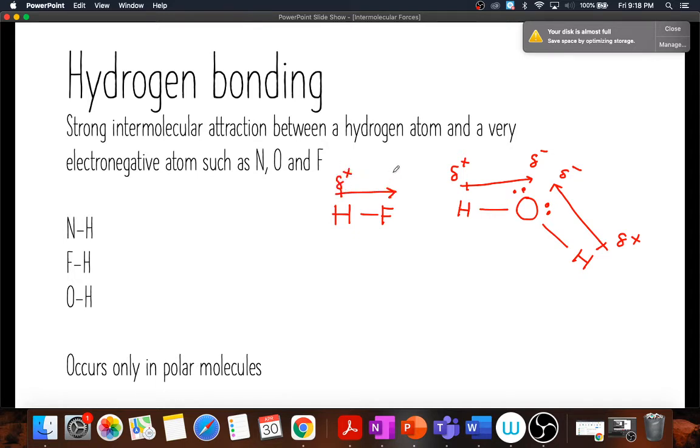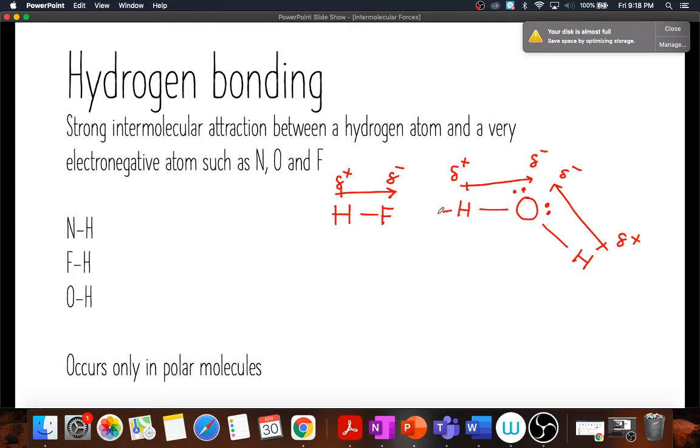So I've got partial positive here and a partial negative here. Because in both of these bonds there is such an inequality in the sharing of electrons, this produces a very strong partial negative, and this produces a very strong partial positive.